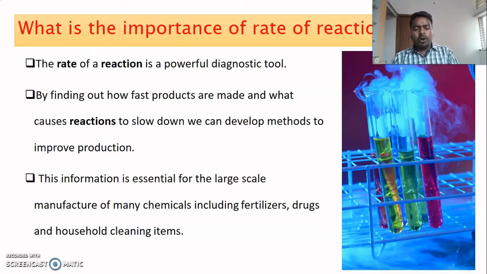So if we come to know all the difficulties in carrying out the reaction, at least we can develop a new method to conduct the reaction to get a proper product, or else we can improve the procedure of that reaction. This is helpful on a large scale in industries, in the manufacture of chemicals including fertilizers, drugs and household cleaning items, especially in the field of medicine, in the field of drug discovery.